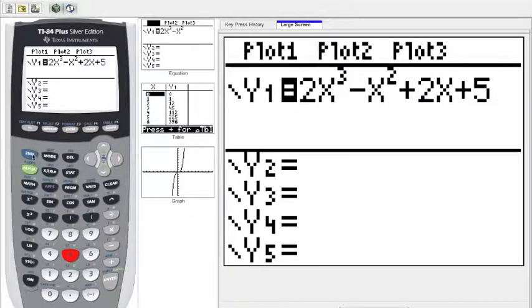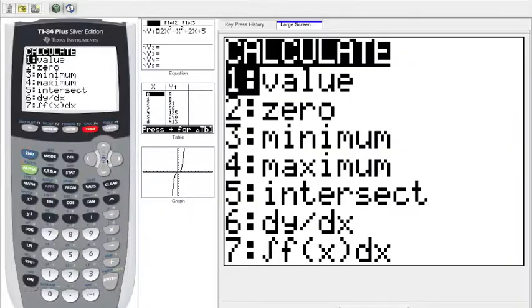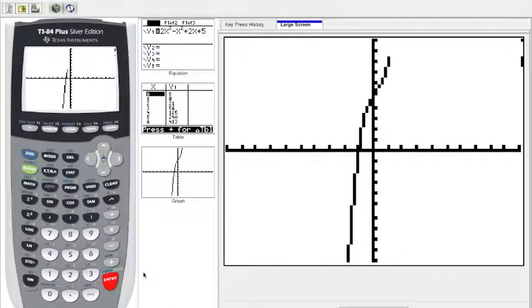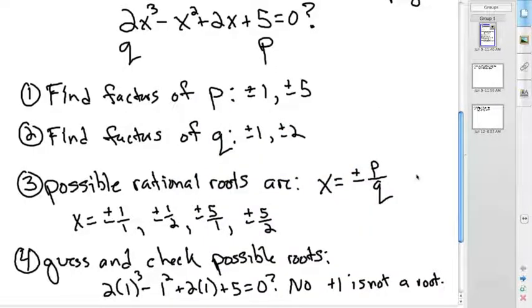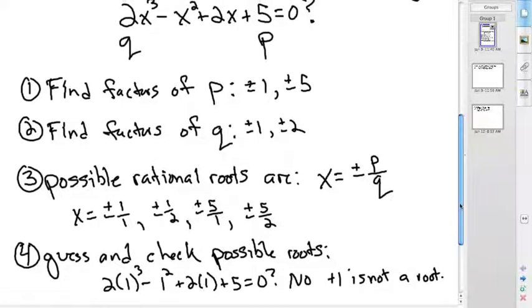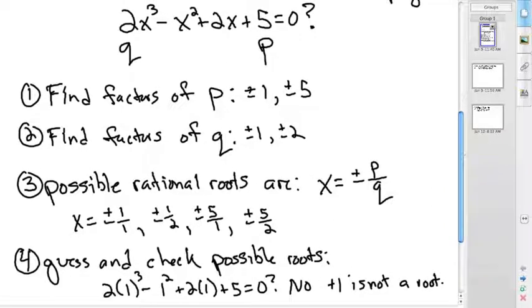So now we're going to hit second trace and we want to find value. It's going to graph it. Use the graph to distinguish, okay, I have no positive roots. No positive roots. So we know that our solutions must be negative, so we're not going to use any positive roots.